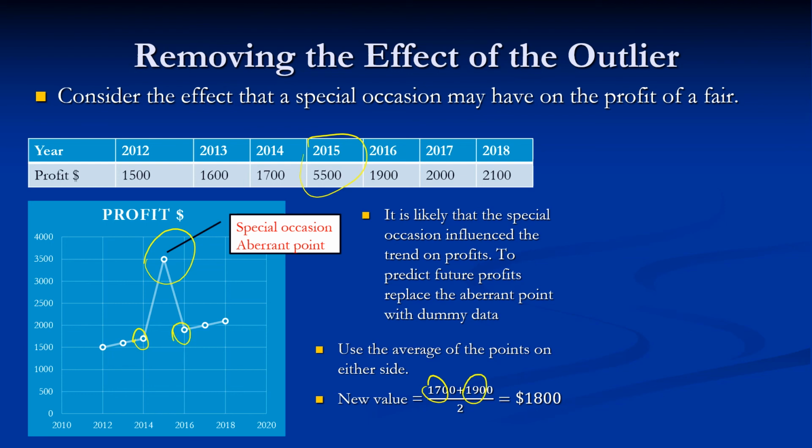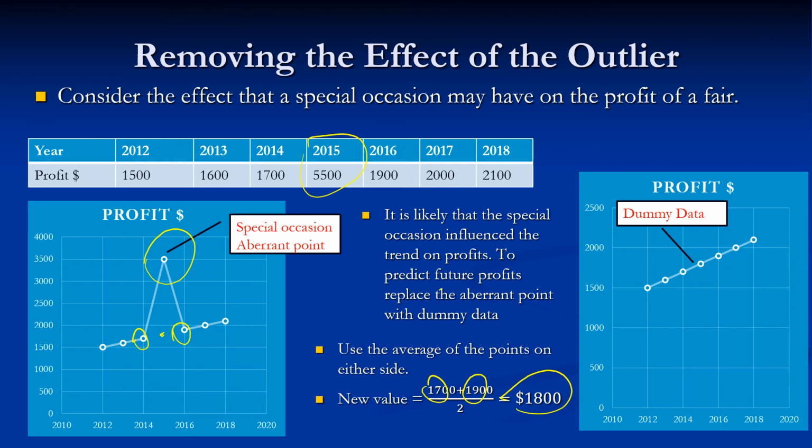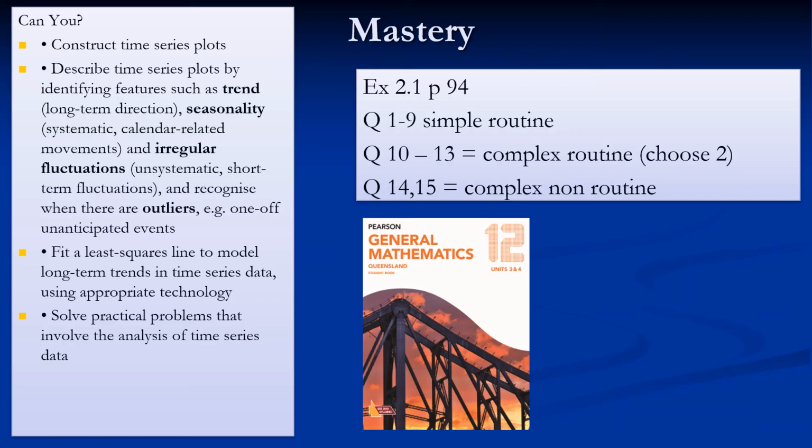We're just taking the average of those two, dividing by 2 to get the new value 1,800, and we'll put the dummy data in on the line there. We're going to call it smoothing soon, but we're just replacing that special occasion or aberrant point with dummy data to help with predicting future trends.